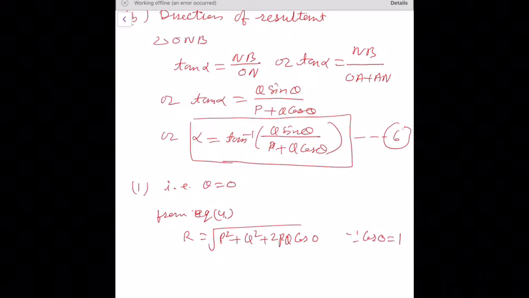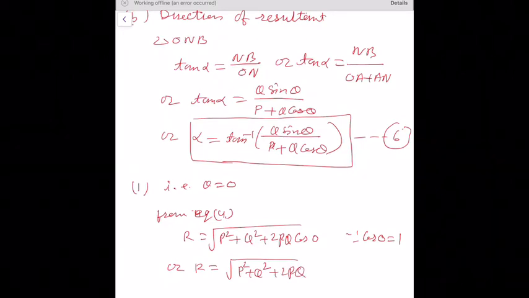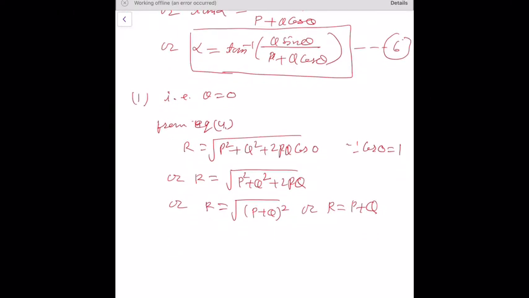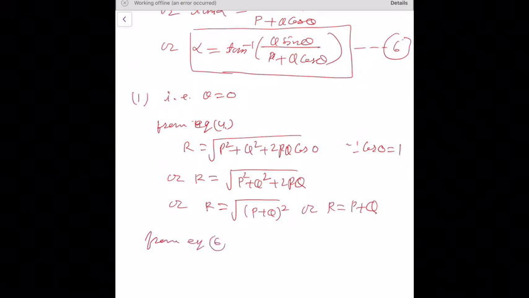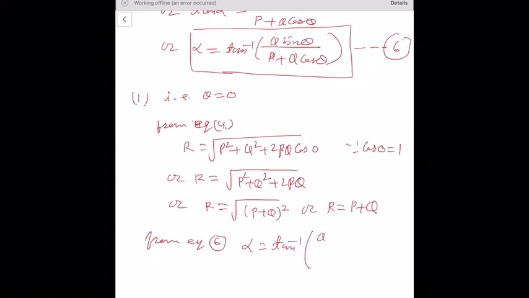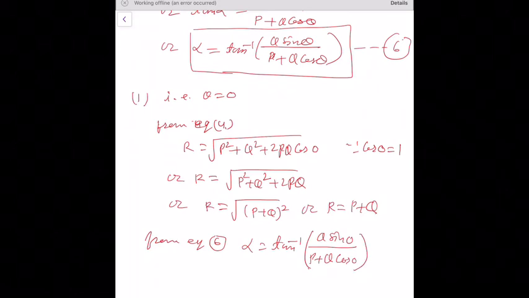Since cos 0 equal to 1, or R equal to P square plus Q square plus 2PQ, or R equal to P plus Q whole square, or we can write R equal to P plus Q. From equation 6, alpha equal to tan inverse Q sin 0 upon P plus Q cos 0.